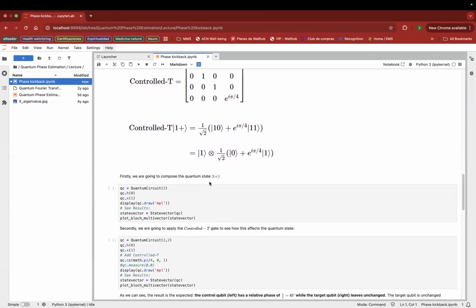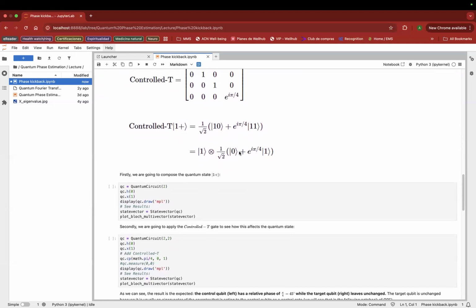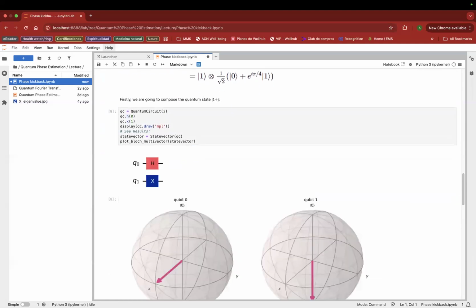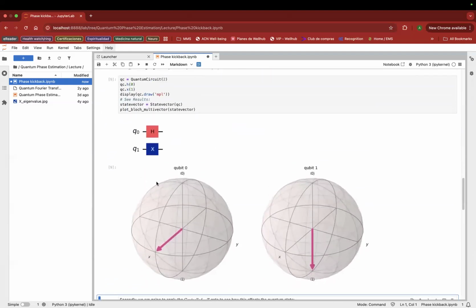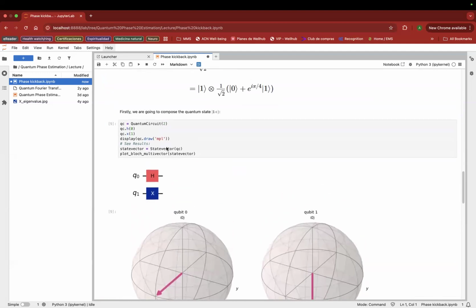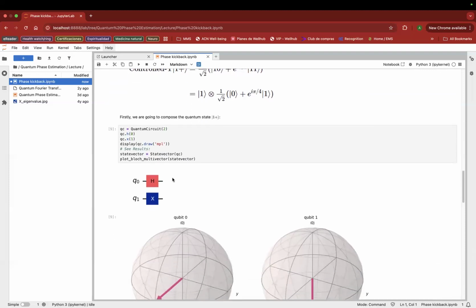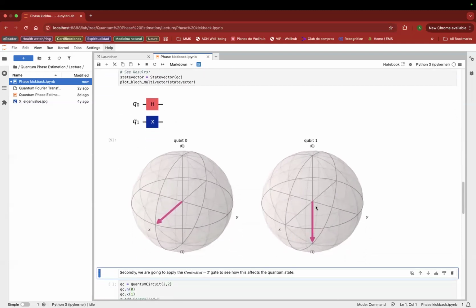Okay, let's see what's happening here. If we put a 0 here, it wouldn't change. But let's see what is here. Let's compose this state and we have this state. Here it is the opposite. Remember, in that case we are switching it. This is the target qubit and this is the control qubit. Qubit 0 is the control qubit and qubit 1 is the target qubit.